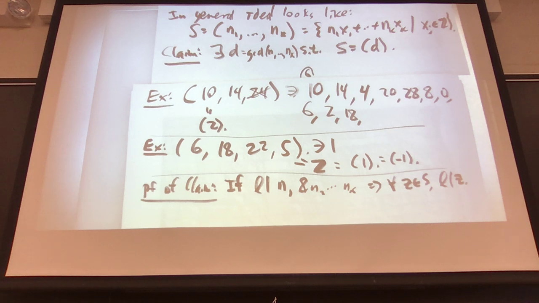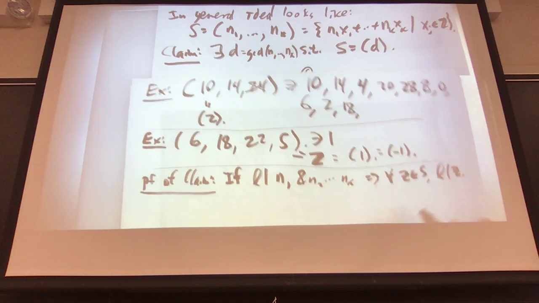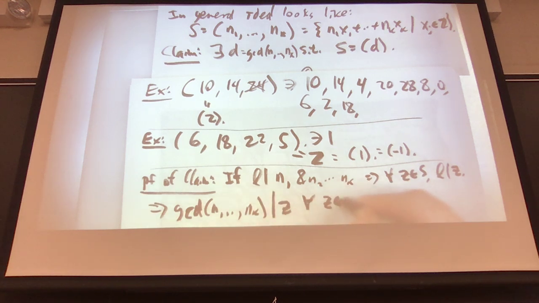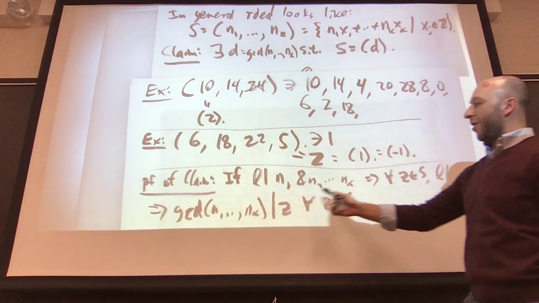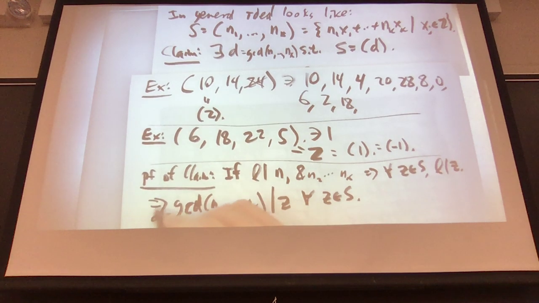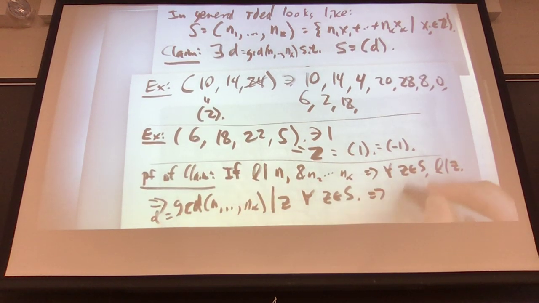But that means the GCD of all the numbers divides every element z. That implies the GCD of n1 through nk divides z for all z in S. So the only numbers we'll get in S are multiples of the GCD. Let's call the GCD D. So S is contained in DZ.